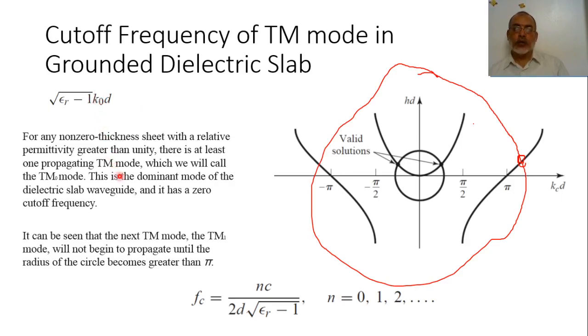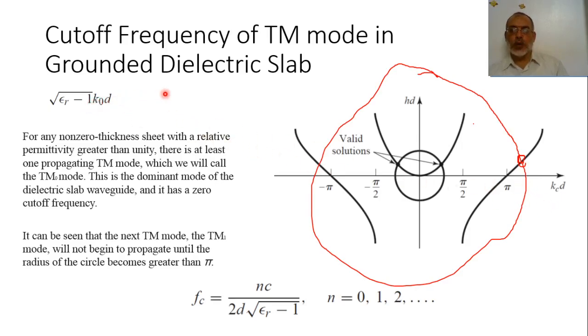So the cutoff frequency of the first mode is 0, n equals 0. The cutoff frequency of the next mode, n equals 1, would be c over 2d square root of epsilon r minus 1. How come? Here 2 pi f over c times d square root of epsilon r minus 1 equals pi.